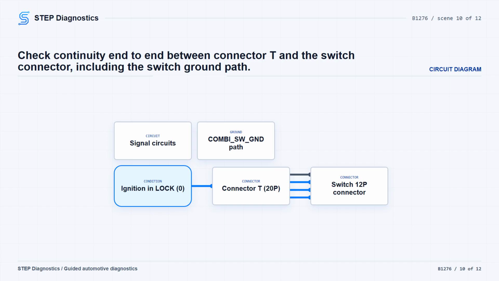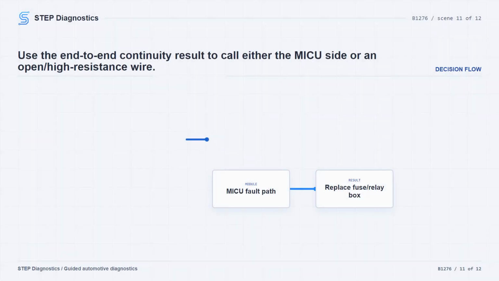Check H/L on SW between connector T, 20P no. 2, PNK, and combination light switch 12P connector no. 7, PNK. Check parking LT/SW between connector T, 20P no. 3, GRI, and combination light switch 12P connector no. 8, GRI. Then check combine SWGND LT between connector T, 20P no. 5, BLK, and combination light switch 12P connector no. 6, BLK.